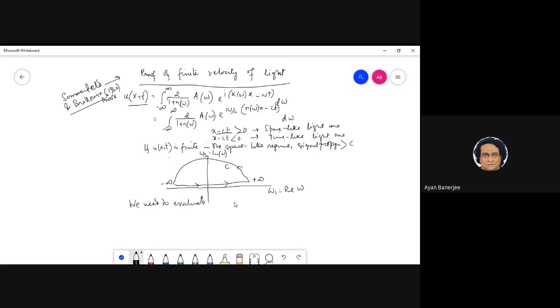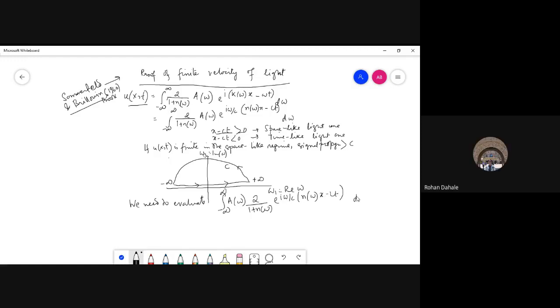I'll just write that down: the integral from minus infinity to infinity of a of omega 2 divided by 1 plus n of omega, times e to the i omega by c, n of omega, x minus ct.